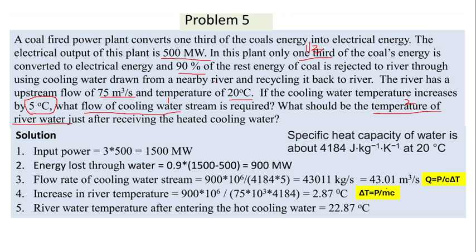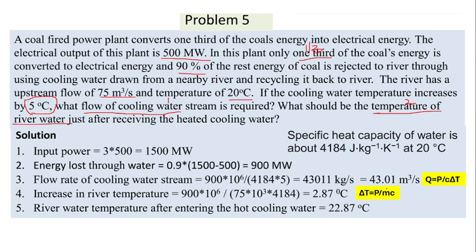The context is a power plant. The coal is fired, so that by burning the coal, they are deriving electrical energy. The capacity of the plant is 500 megawatts, right? So 500 MW. In this plant, only one-third of the coal used is converted into electrical energy, and the remaining two-third is not converted.